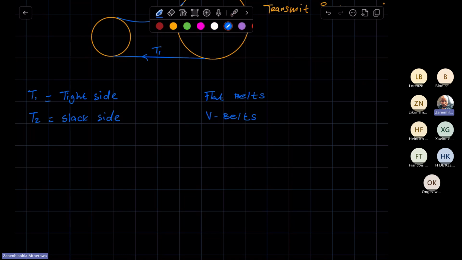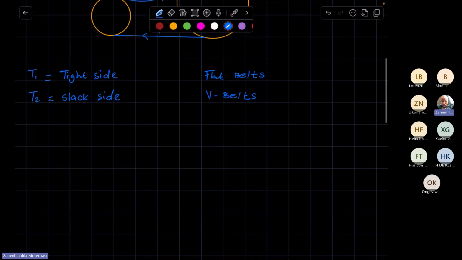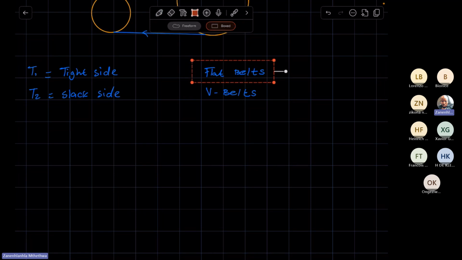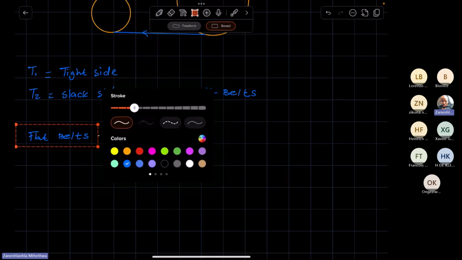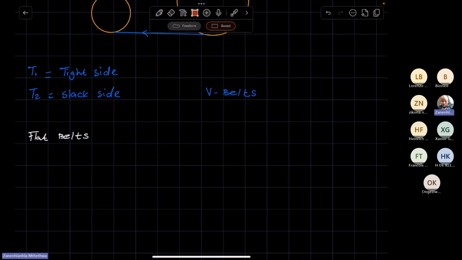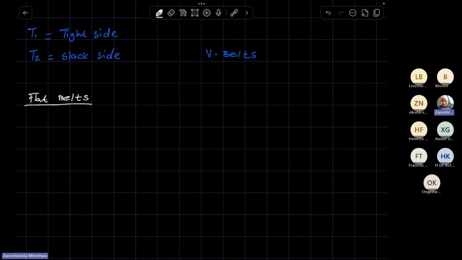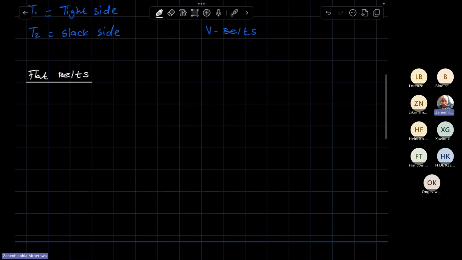Now, as far as flat belts, we use what we call tension ratios.